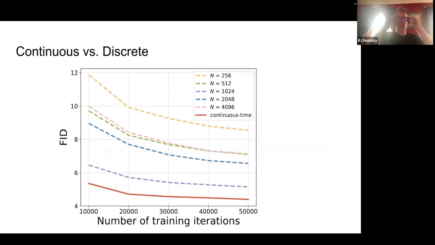Okay, and so when you stack all of these things together, then you're able to train much more effectively, and continuous time does much better than these discrete. So this n is the number of discrete steps that your model is taking.